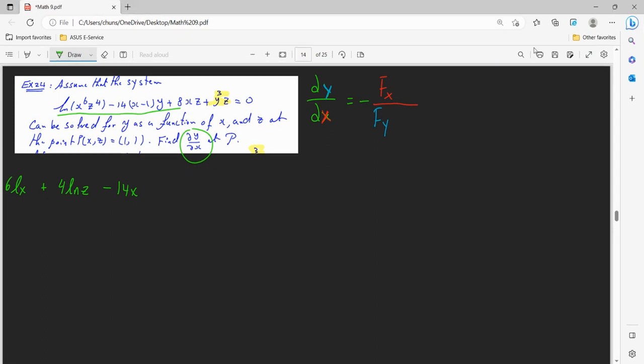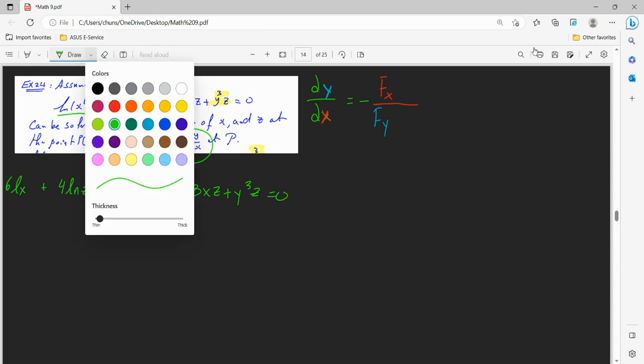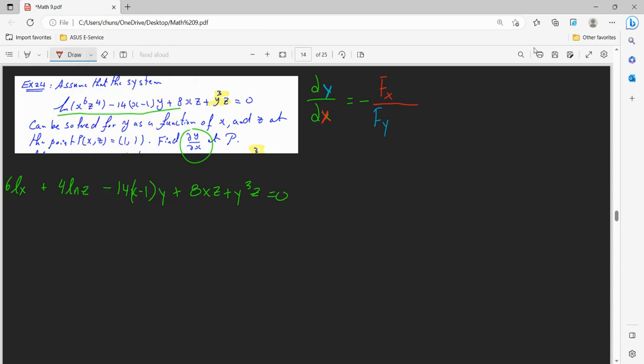so 14x minus 1 y, and this is plus 8xz plus y cubed z equals 0. Okay, so when we do our equation, we're going to do with respect to x first.